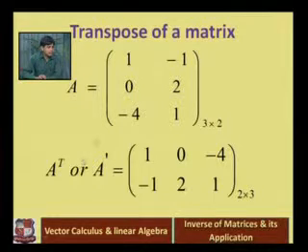Its transpose can be found as 1, 0, minus 4, minus 1, 2, 1. That means if we interchange rows and columns, we get the transpose of the matrix, which can be denoted by A transpose or A dash.